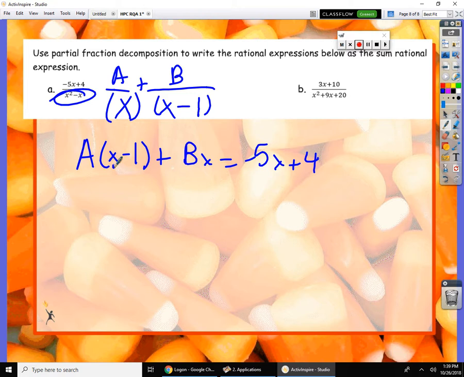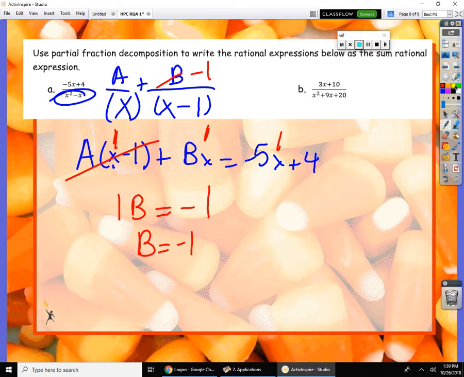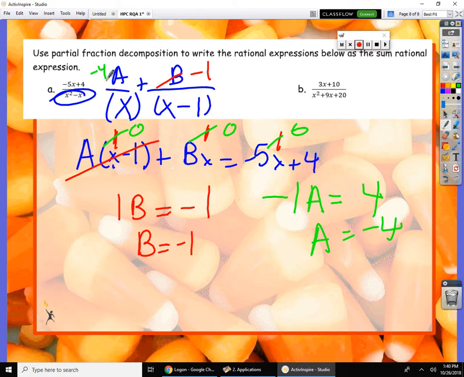I'll see you on Monday. Okay, so I'm going to plug in 1 here, here, and here. This goes bye-bye. I have 1b equals negative 1. Therefore, b equals negative 1. I come back and replace it with my other zero, which is 0. So negative 1a equals 4. A equals negative 4. Okay?